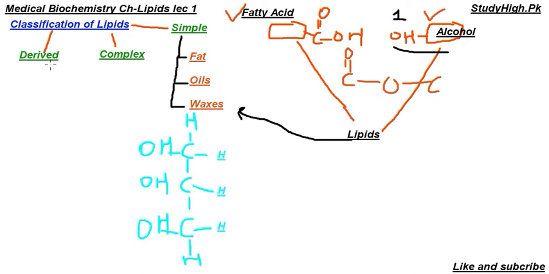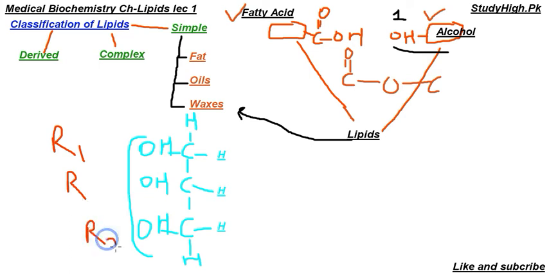And the alcohol that is present in fats and oils is glycerol. It consists of three carbons connected with three hydroxyl groups that can form ester bonds with three fatty acids: R1, one fatty acid; R2, a second fatty acid can react with the carbon 2 hydroxyl through ester linkage; and R3.